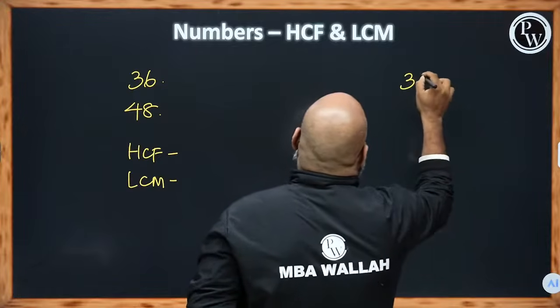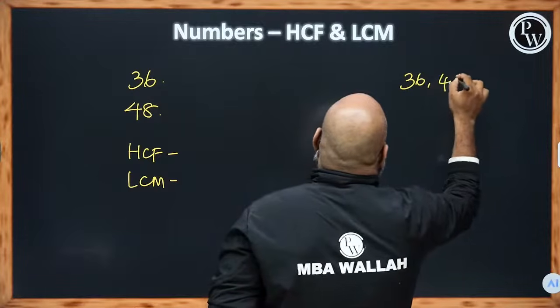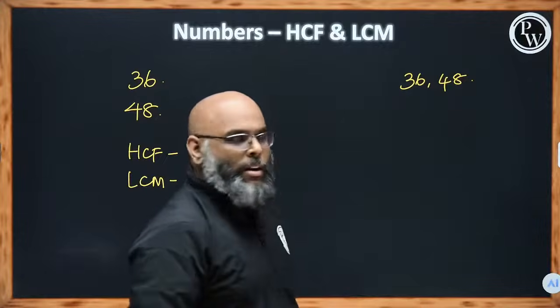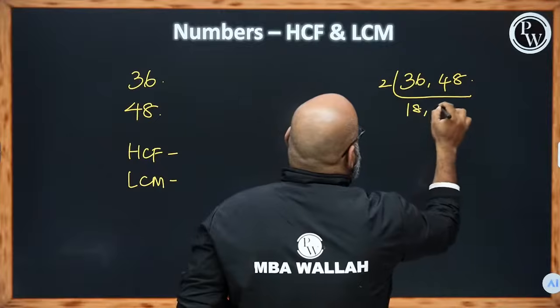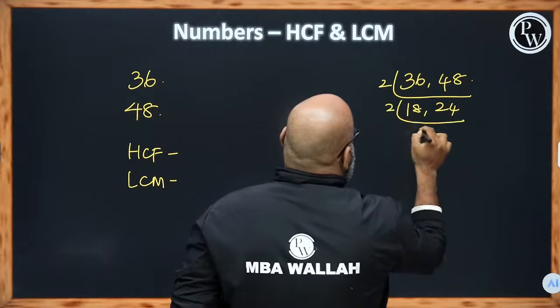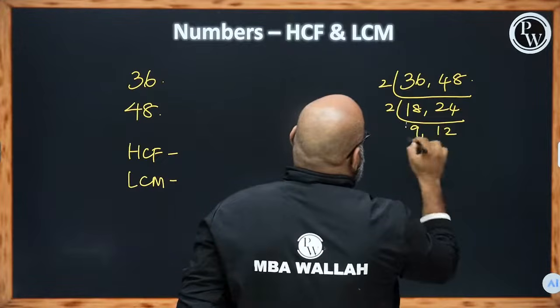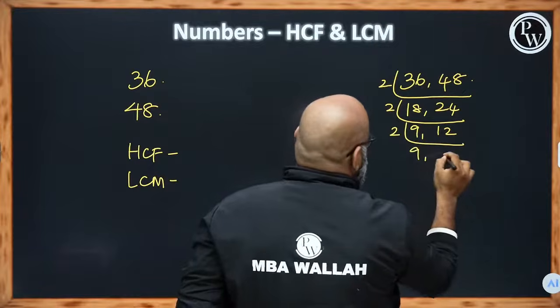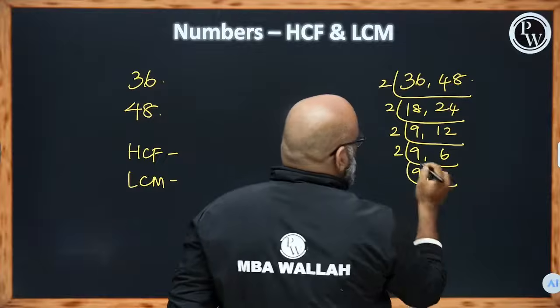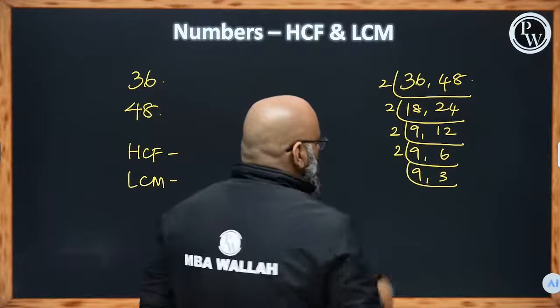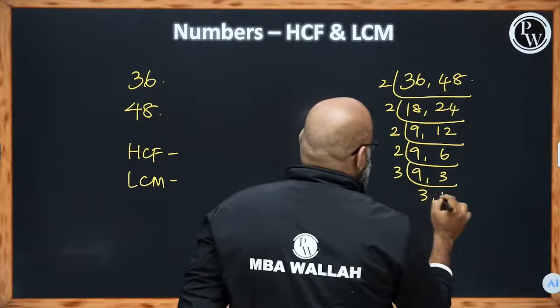If you remember, for 36 and 48, we used to do the LCM part this way. You divided by 2: 18, 24. Again by 2: 9, 12. Again by 2: 9, 6. Again by 2: 9, 3, because 9 doesn't get divided by 2. Then you divide by 3: 3, 1.